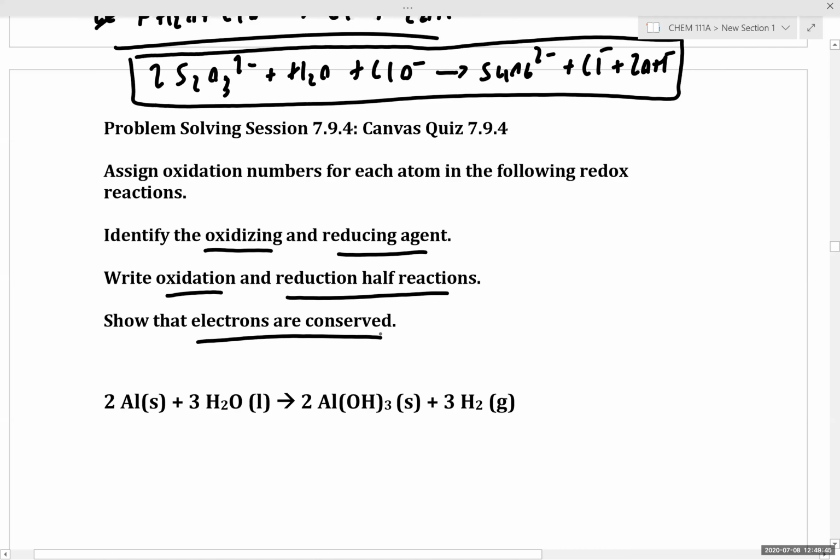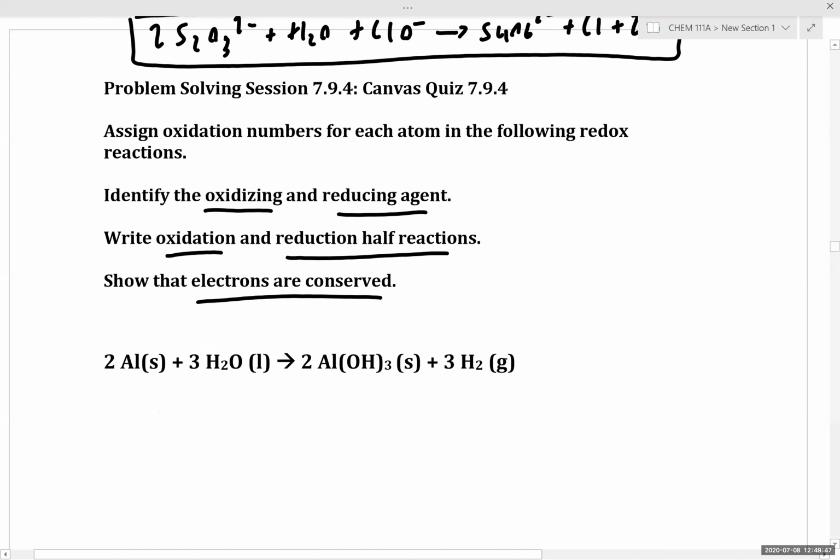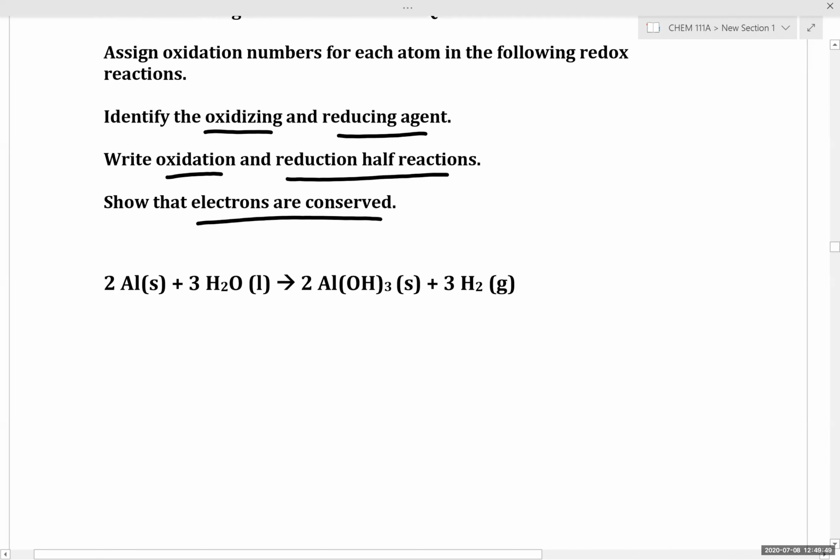in redox reactions. So let's take about 5 minutes and work through this example. And again, don't be shy to message me in the chat with your proposed oxidation and reduction half reaction and your proposed number of electrons transferred over the course of this redox reaction.